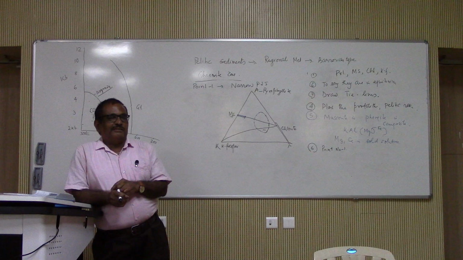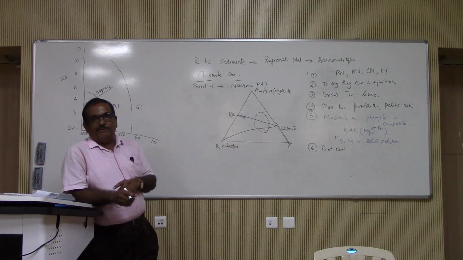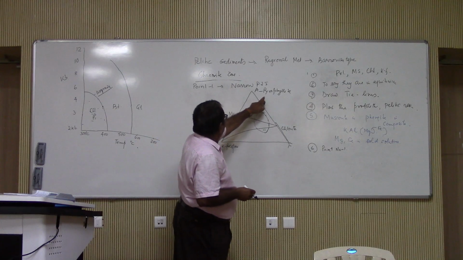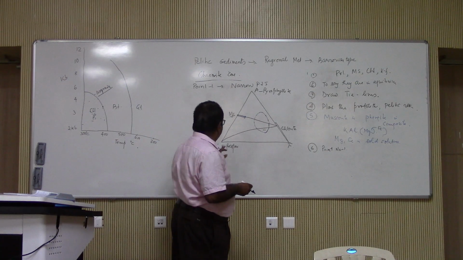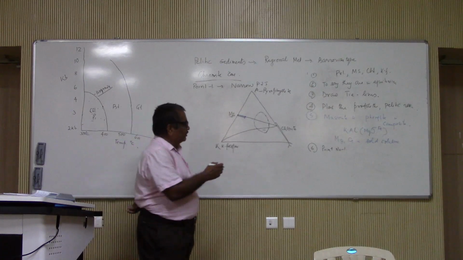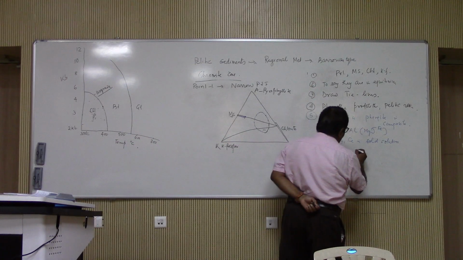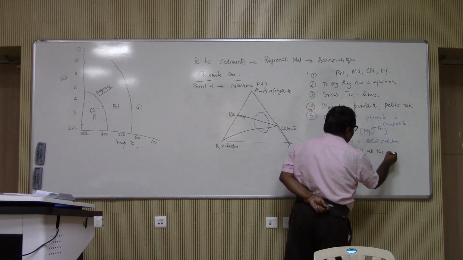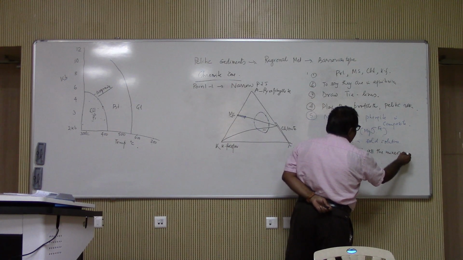My question is, will all the minerals be available in that rock? कौन सा मिनरल है? Pyrophyllite, muscovite, chlorite, potash feldspar, all of them will be available there in that rock. Question is, point number 1, will all the minerals be available? मेरे बात समझा? Will all the minerals be available?